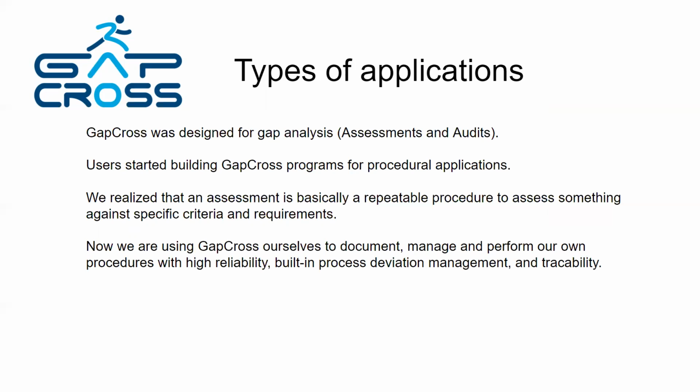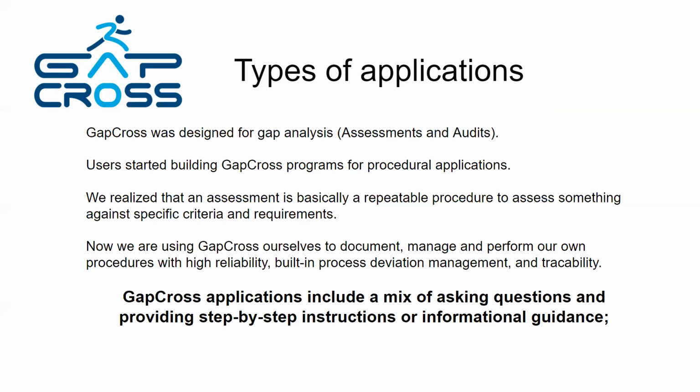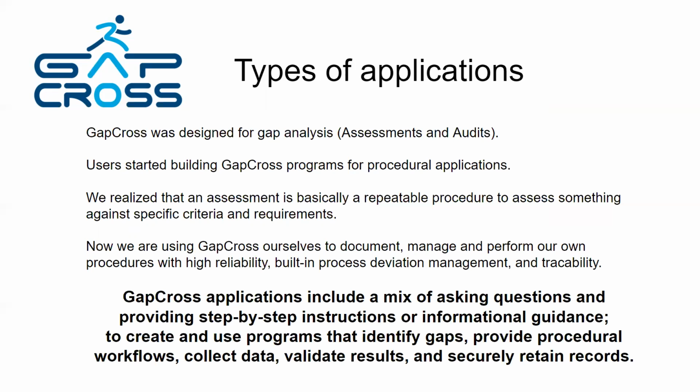With this, we realized we can start using GapCross ourselves to document, manage, and perform our own procedures with high reliability, built-in process deviation management, and traceability to meet our quality policies. So, in short, GapCross applications include a mix of asking questions and providing step-by-step instructions or informational guidance to create and use programs that identify gaps, provide procedural workflows, collect data, validate results, and securely retain records.